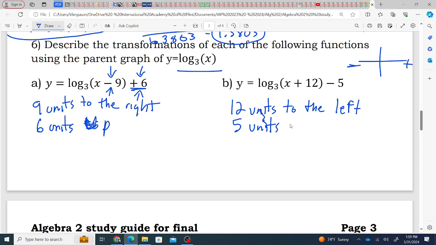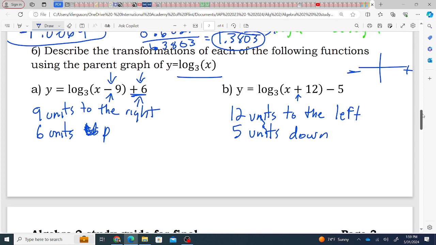Oh, sorry, I just had a brain fart. So 5 units down. So that's 12 units to the left, because usually it will go to the right, but seeing as we do the opposite of what that sign says, it's going 12 units to the left, 5 units down. And that's all that problem involves.